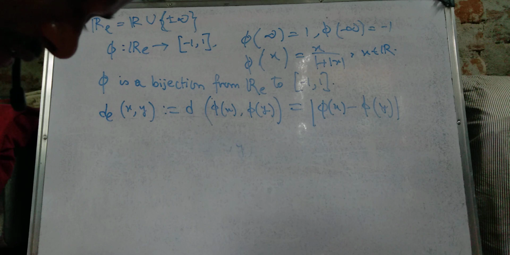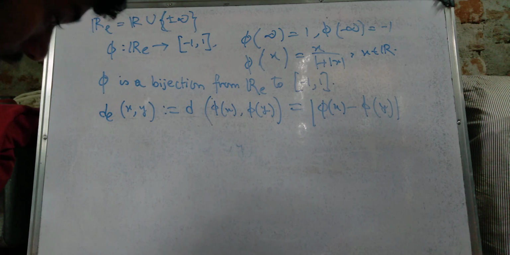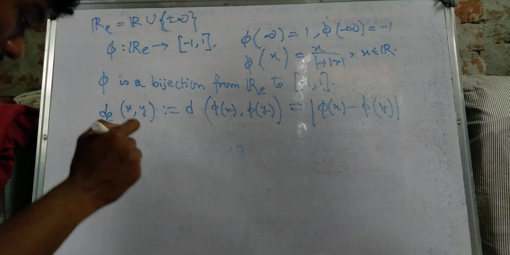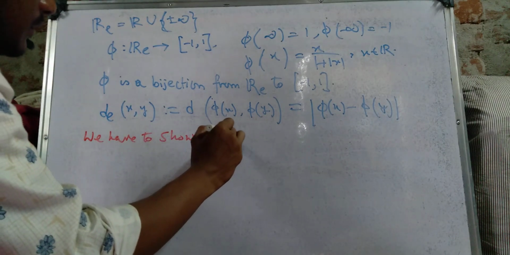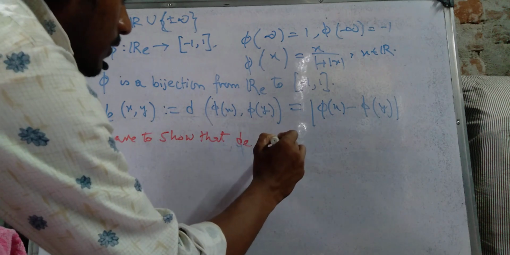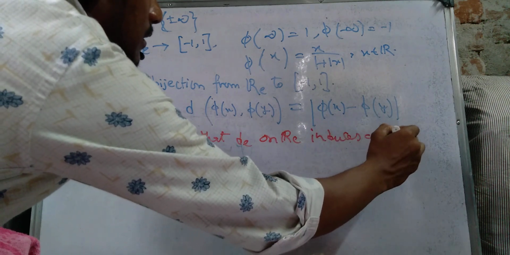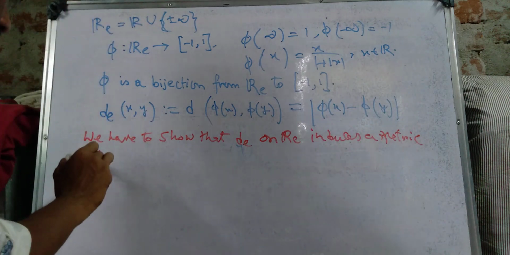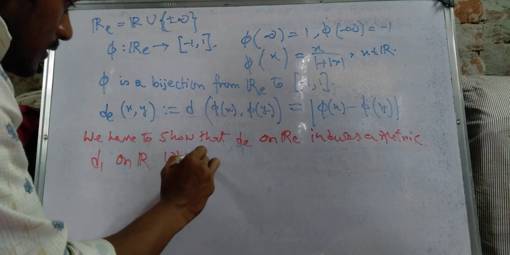That means d-bar induces a metric d1 on R which is equivalent to the standard metric. So we have to show that d-bar on R-bar induces a metric d1 on R which is equivalent to the standard metric.